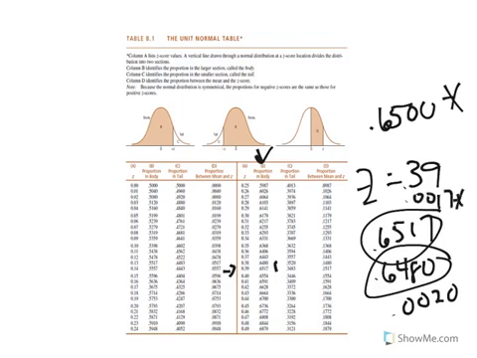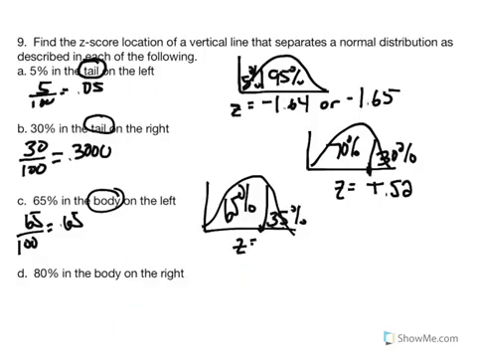So again, we go with the one which is closest, and that corresponds to a z-score of 0.39. So given what we found in our unit normal table, we would report this z-score as 0.39. A z-score of 0.39 partitions the distribution where we have 35% in the tail to the right and 65% of the body to the left.